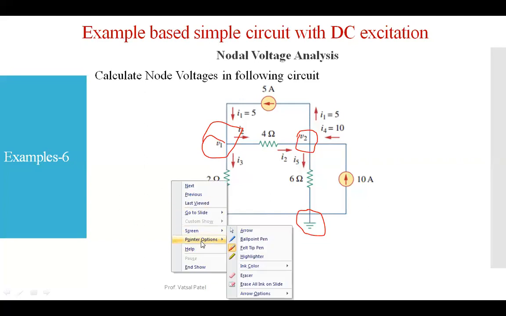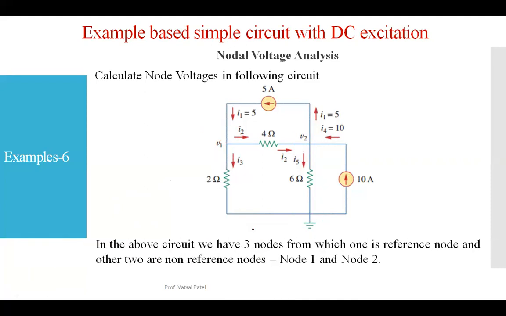Okay. So just a second. In this above circuit, you can say that there are 3 nodes given. One is the reference node, and the other two are the non-reference nodes, that is node number 1 and node number 2, at which V1 and V2 are already mentioned. If it is not mentioned, you can write by yourself.